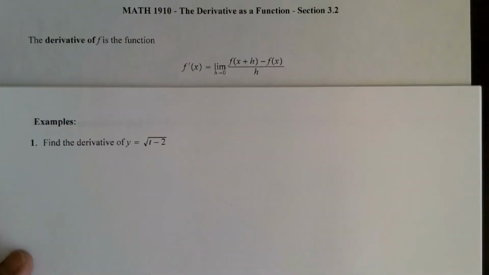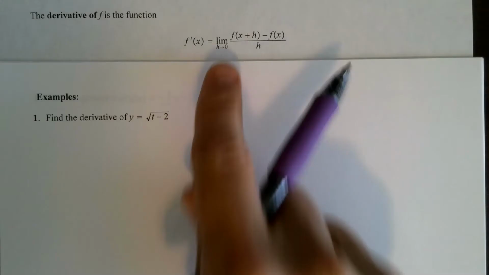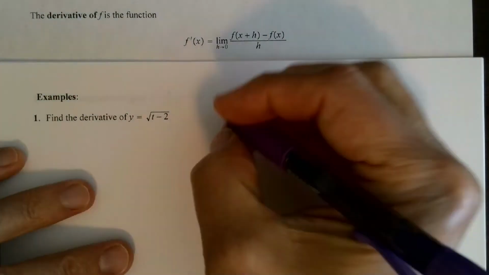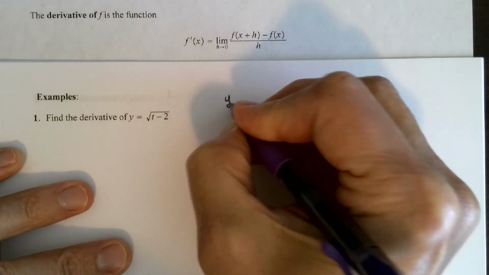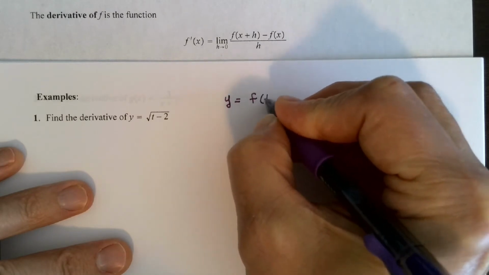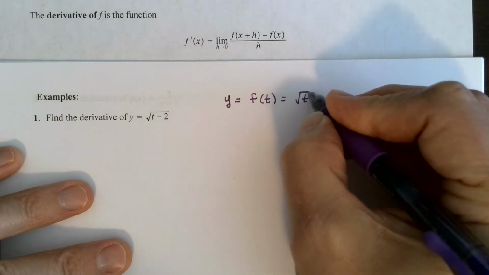All right, so let's take a look at an example here. Let's find the derivative using the limit definition of the derivative as a function now. And so I'm going to let y, right, be a function f of t, right, which is the square root of t minus 2.